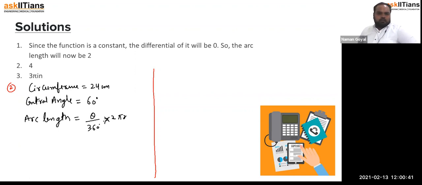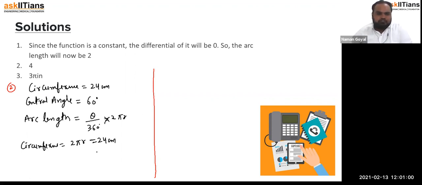Now what we have is the circumference, but we know that circumference is what? 2 pi r. So the value of that circumference, which is 2 pi r, is 24 centimeter, isn't it? Yes.